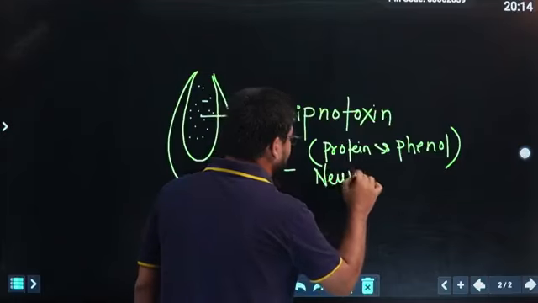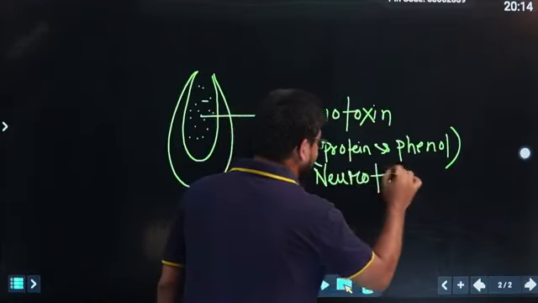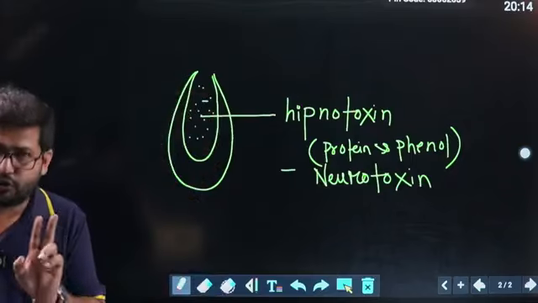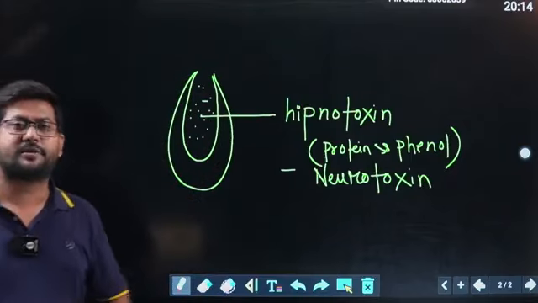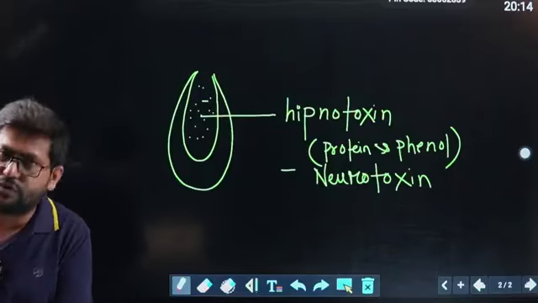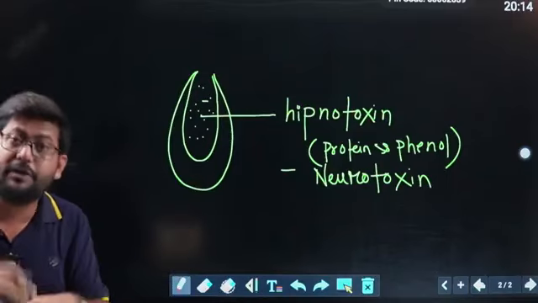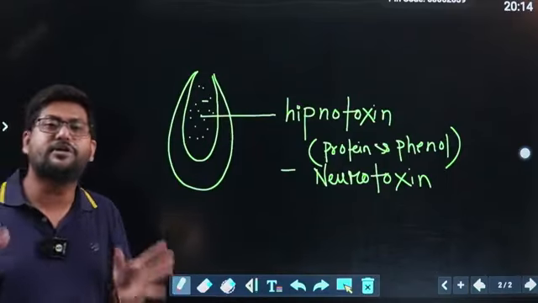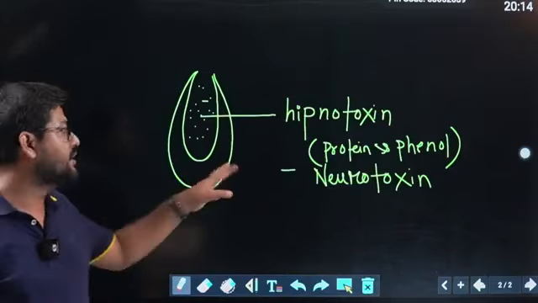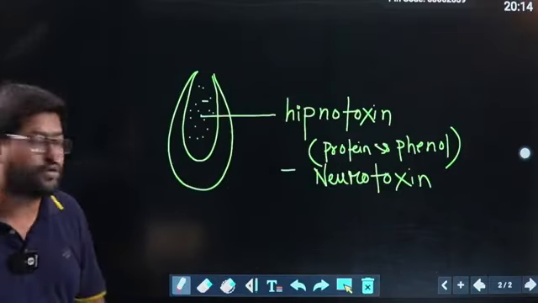Mind it, neurotoxin. Okay, neurotoxin. There are two kinds of toxic elements. One is hemotoxic, which works on the blood. Another one is neurotoxin, which works on the neuron. And the neuron is the unit of the nervous system. That is why when the nervous system is impacted, at that time you can say it is a neurotoxin.